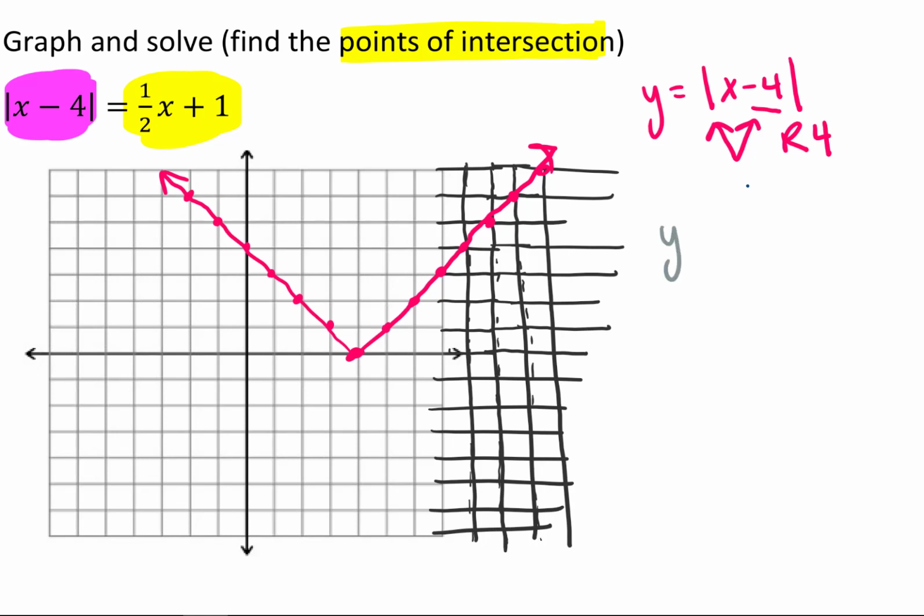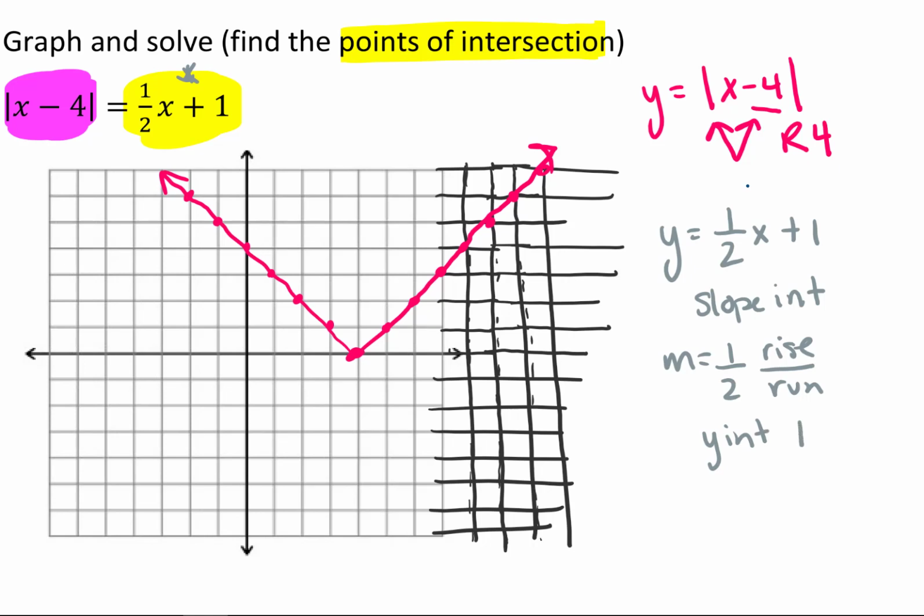Now we're going to graph y is equal to 1/2 x plus 1, so the right-hand side of the equation. This is in slope-intercept form. So the slope is 1 over 2, and that's our rise over our run. The slope is always attached to the x value, and our y-intercept is 1.